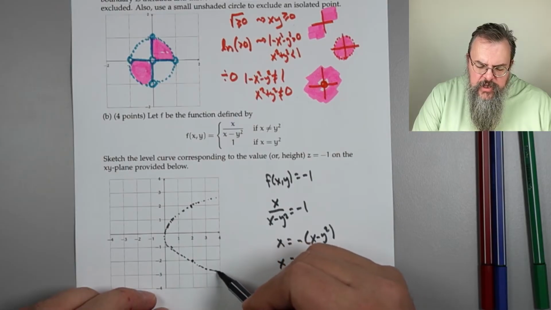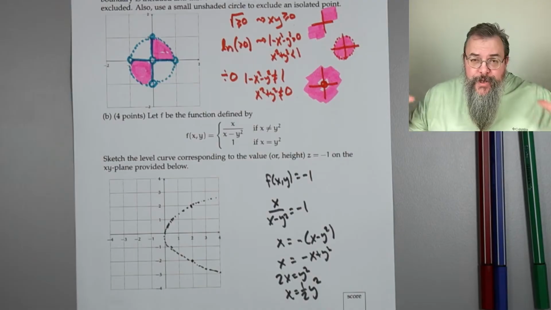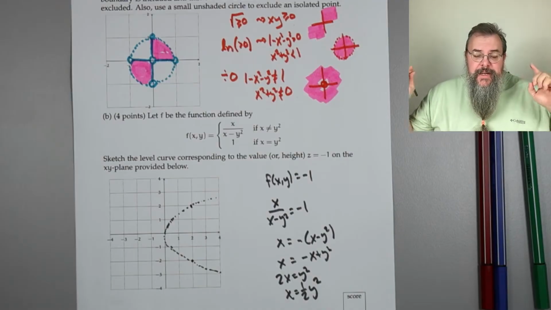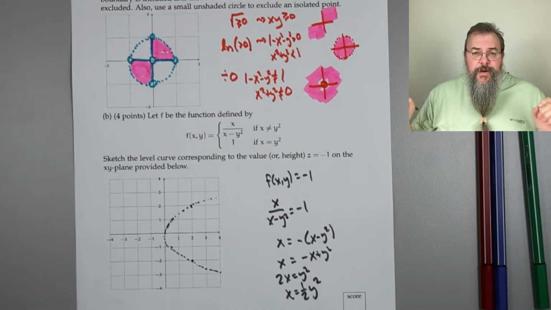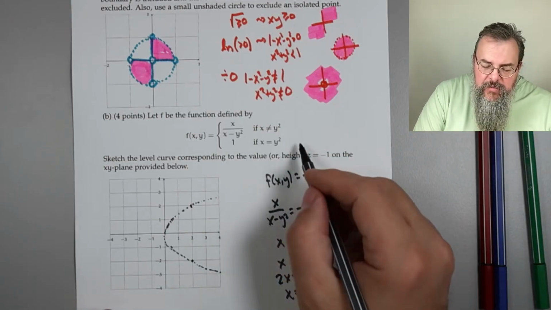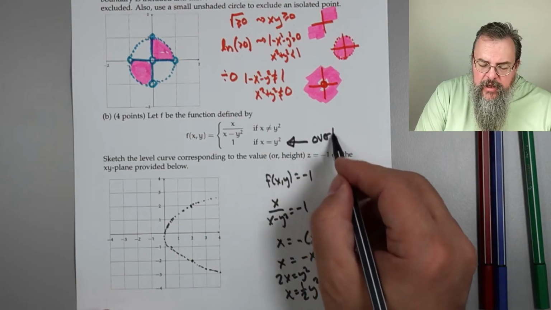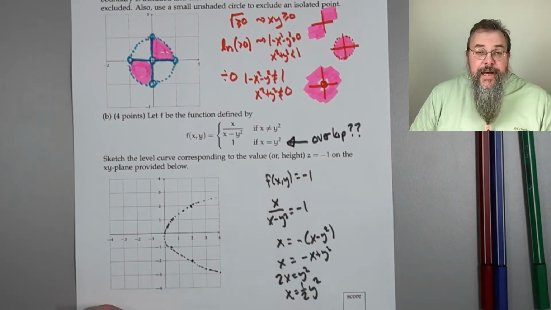And now the question I have is this parabola, do we include everything? And if we don't, what do we need to be worried about? Well, there's a slight issue we might have to be worried about. Namely, do we ever overlap anything that's on the x equals y squared?